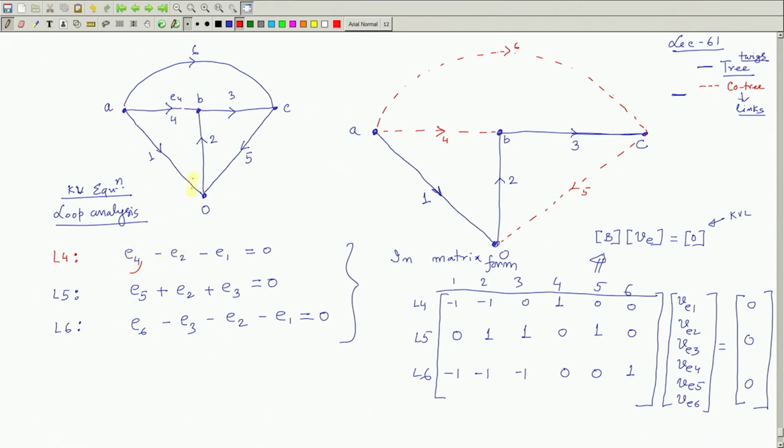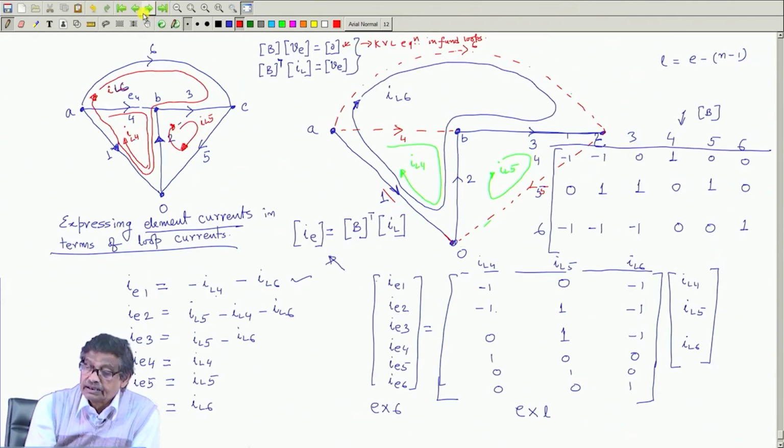So E4 minus E2 minus E1 equal to 0, etc. Similarly, for 5 you assign E5 plus, then this is also plus, and this is also plus. Like that, the third one is E6 minus E3 minus E2 minus E1. So this matrix equation was B into V equal to 0.